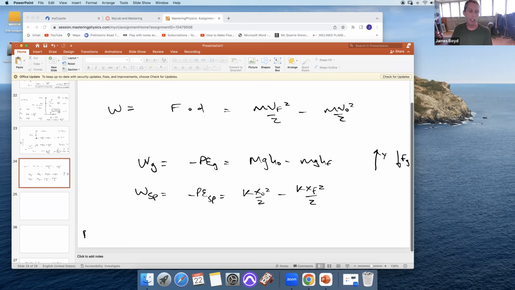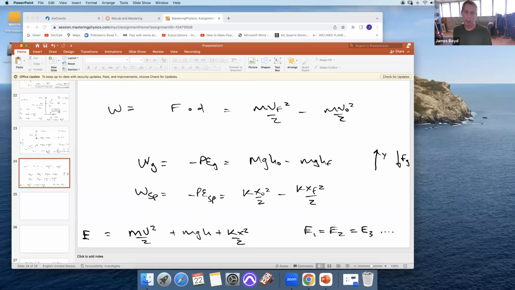And then finally, that gives us that the energy at any time, you can simply write as mv squared over 2 plus mgh plus kx squared over 2. As long as there's no non-conservative forces, read friction, you can set the energies equal, they're conserved. So you can just write this down and pick a couple points and set those energies equal.